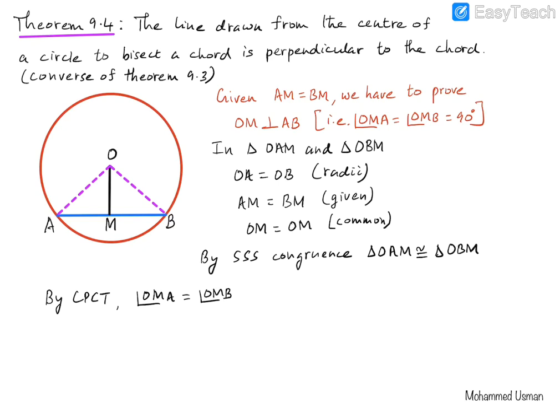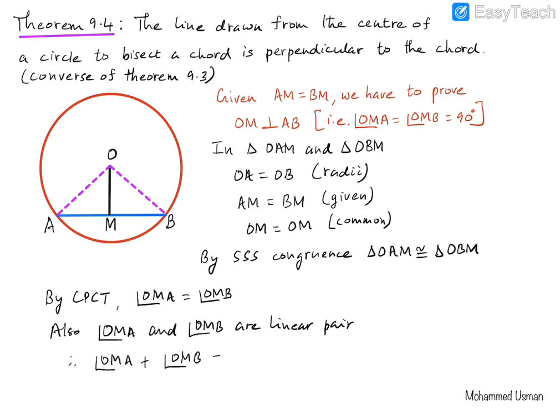So the first thing we have shown here is that angle OMA is equal to OMB, but we have not yet shown that these are equal to 90 degrees. For that, we notice that OMA and OMB are a linear pair of angles, therefore angle OMA plus angle OMB should be equal to 180 degrees.